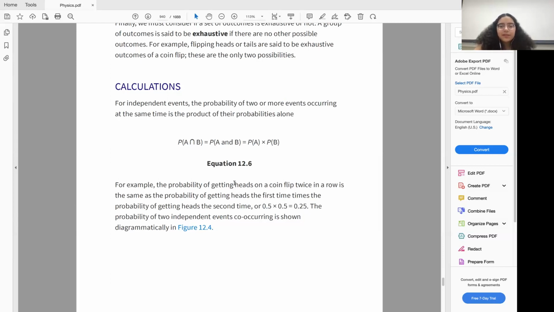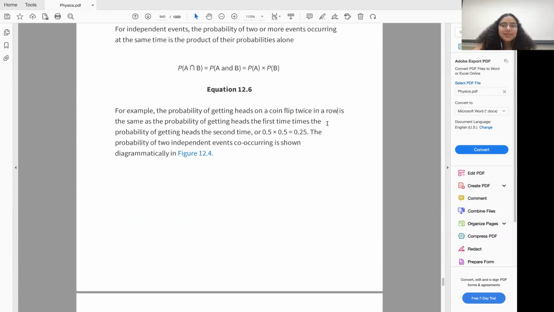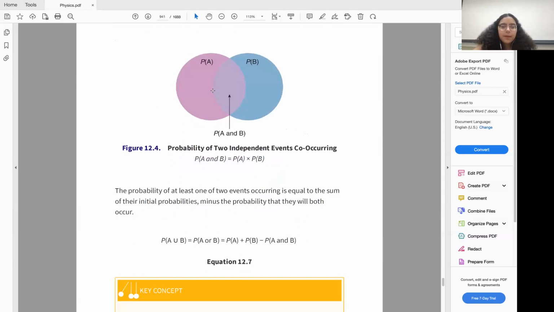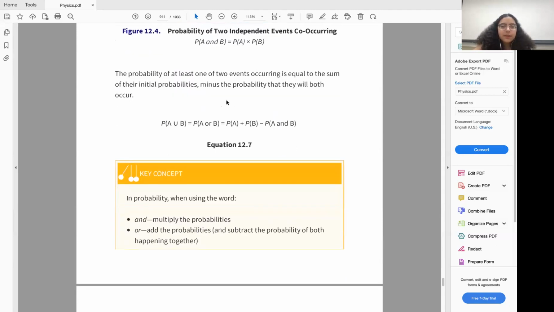For example, heads twice in a row: getting heads once is 0.5, so you'd multiply 0.5 times 0.5. Or if you want to flip a head and then roll a 2 on a die, it'll be 1/6 times a half, the 2 individual probabilities multiplied together. That's the purple section in the Venn diagram.